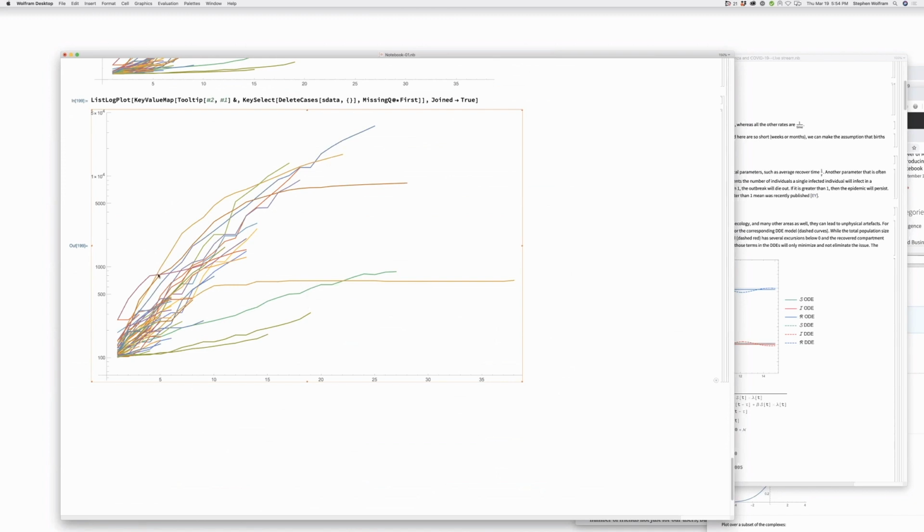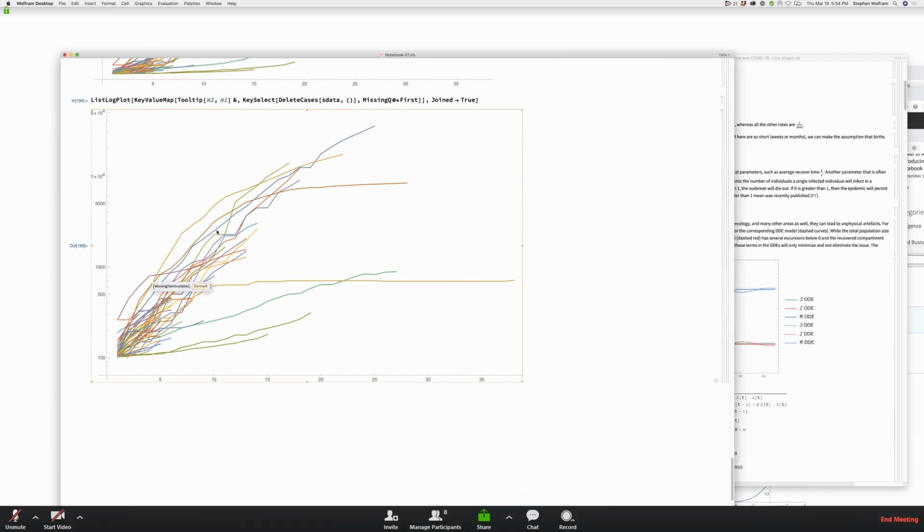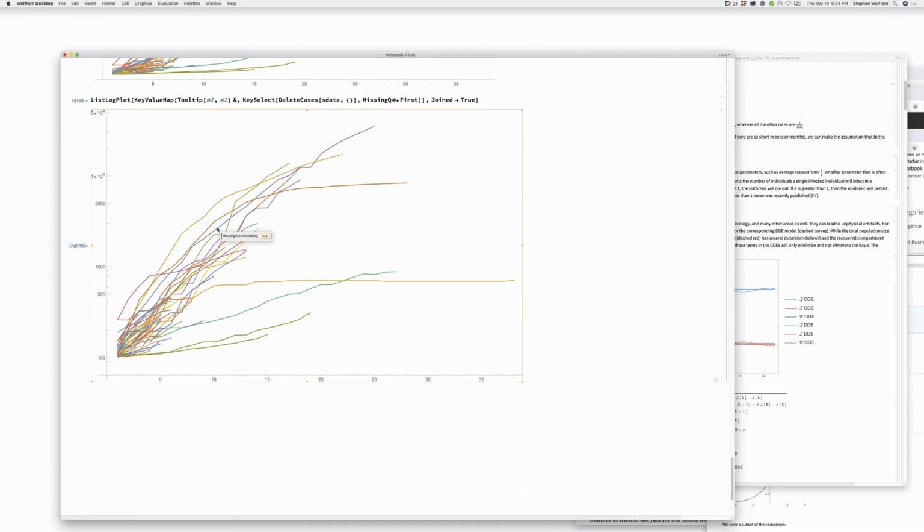What the heck is that? I mean, you would hope that they are sublinear, because the basic model suggests that unrestricted complete flow, it's exponential, in which case it would be linear here.